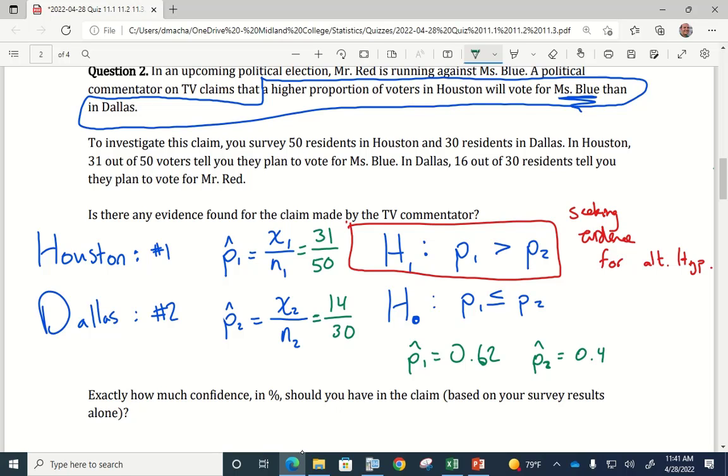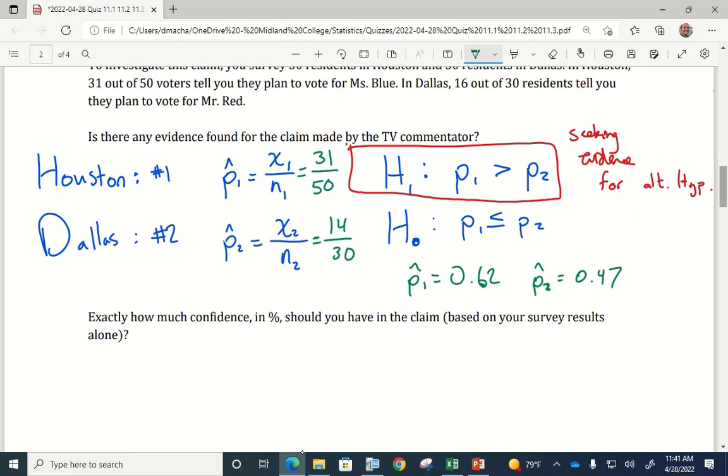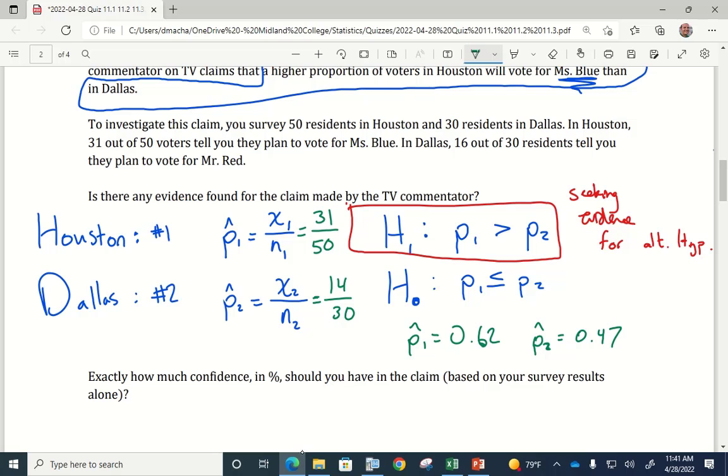What do you get? 0.46? 0.47. 0.47, okay. It's getting closer and closer. And anyways, the question is, does this represent any evidence of my alternative hypothesis? And sure enough, yeah, my sample proportions actually do show me that P1 hat is greater than P2 hat, so that's some evidence for my claim.